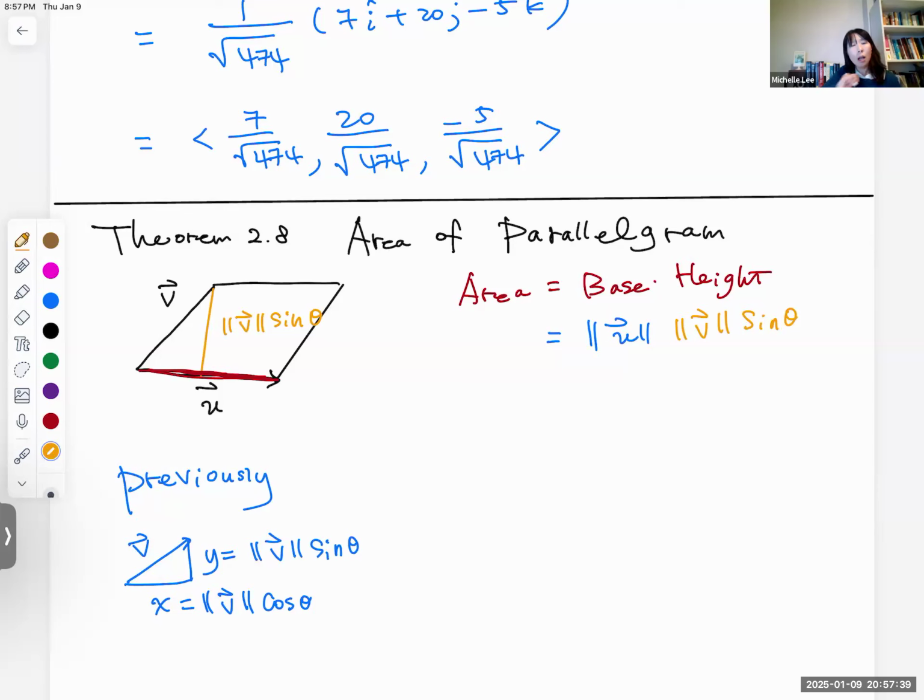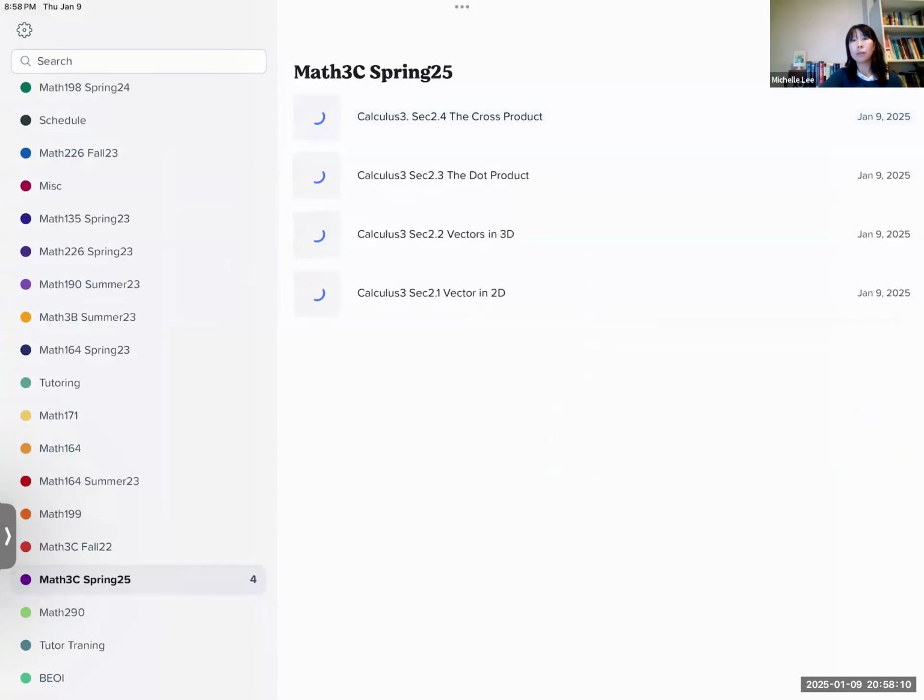We've seen this one before. So it's the cross product of U and V with the magnitude, so that will be the magnitude of U cross V. Okay. Let's do this one. Let me copy the questions.